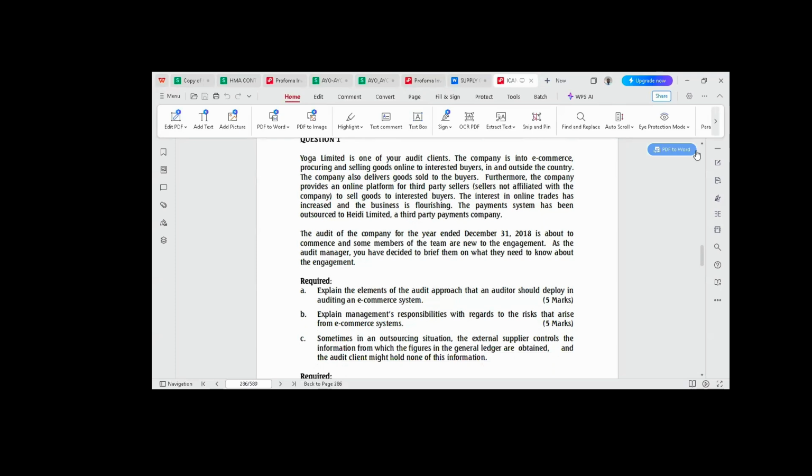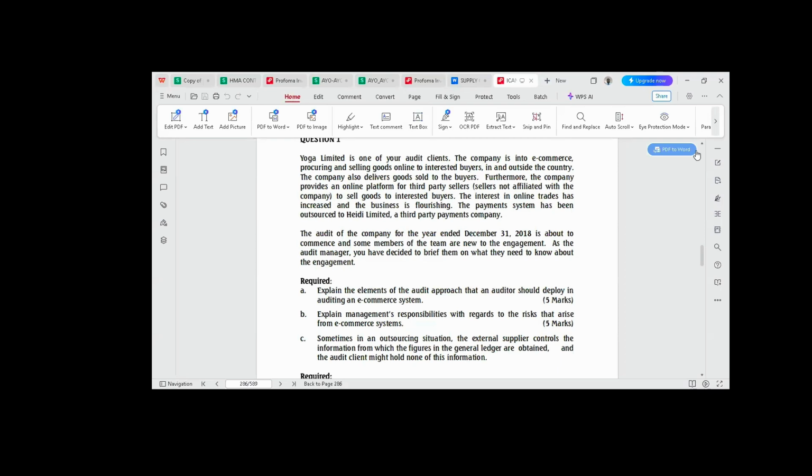B, explain management responsibility with regards to the risks that arise from an e-commerce system. C, sometimes in an outsourcing situation, the external supplier controls the information from which the figures in the general ledger are obtained, and the audit client might hold none of the information.